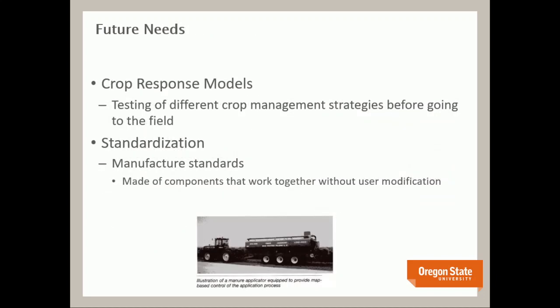Future needs include crop response models, testing different crop management strategies before going to the field, like DSSAT and other water management or hydrological models, SWAP. Standardization: manufacturer standards so components work together without user modification.